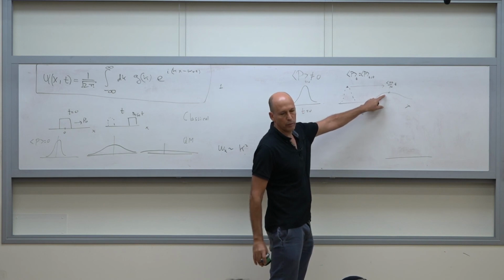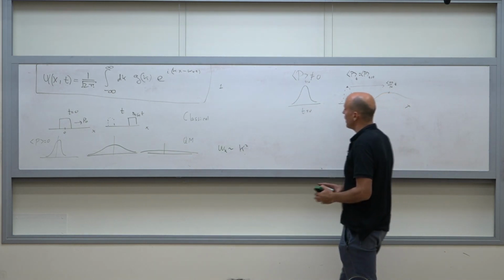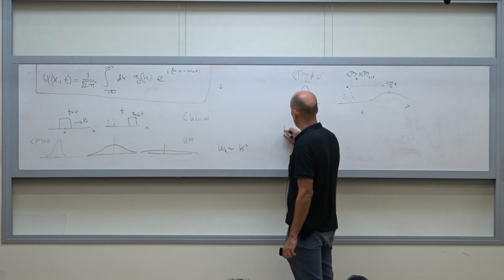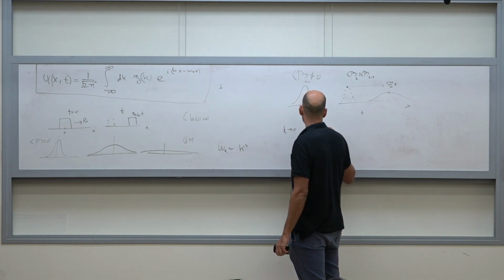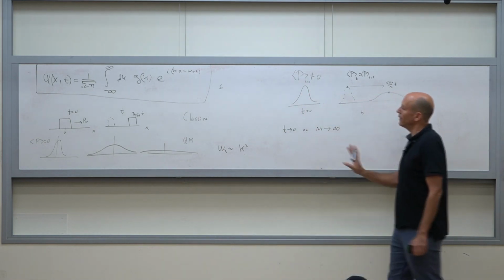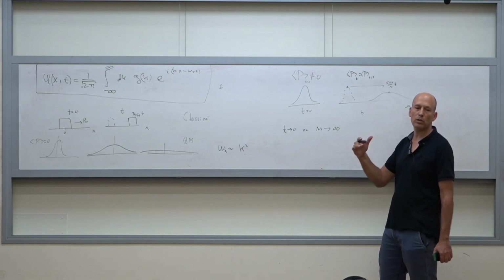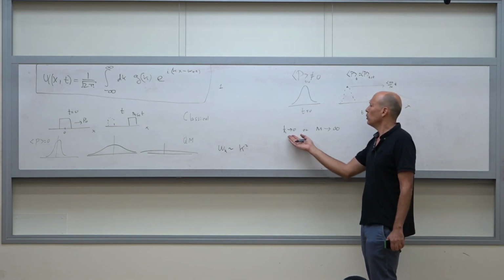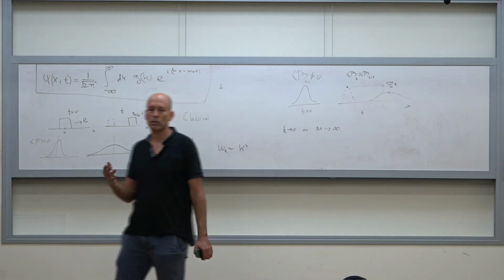Now, what will happen if you have a very heavy particle, or h bar to 0, or m to infinity? This you will have to see next lesson. What does it mean? Because what does exactly it mean, h bar? It has units. You cannot just take it to 0.